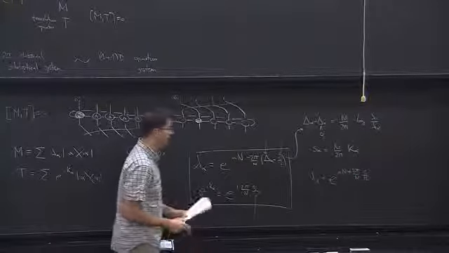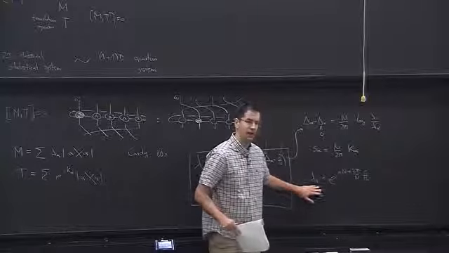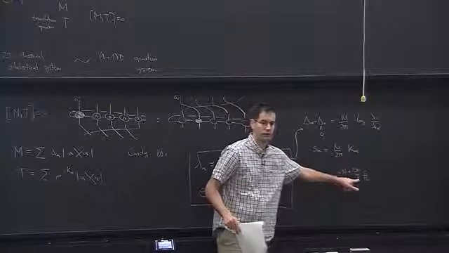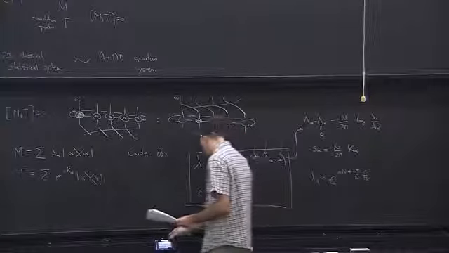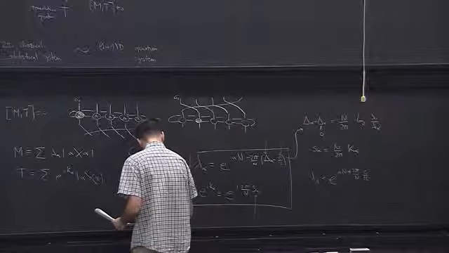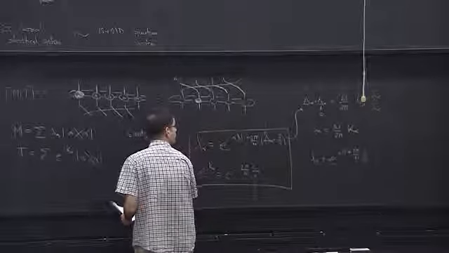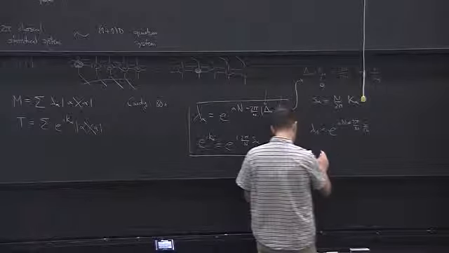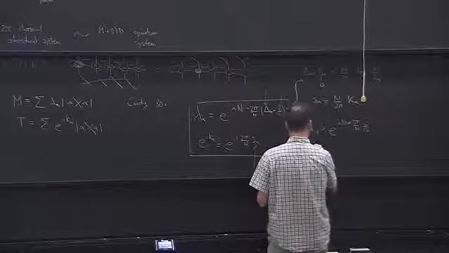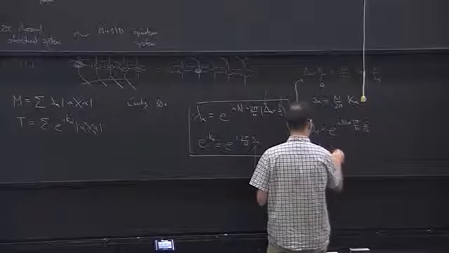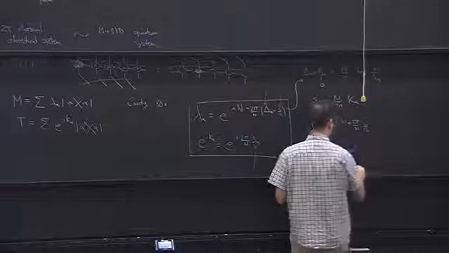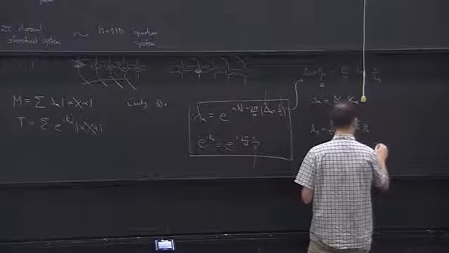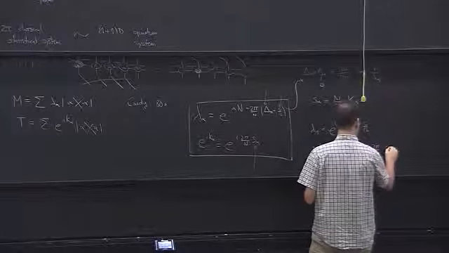plus central charge over 12. So what we'll do is compute lambda 1 for different values of n. And then what we have from this expression is that n times log of lambda 1 is a n squared plus 2 pi n c over 12.